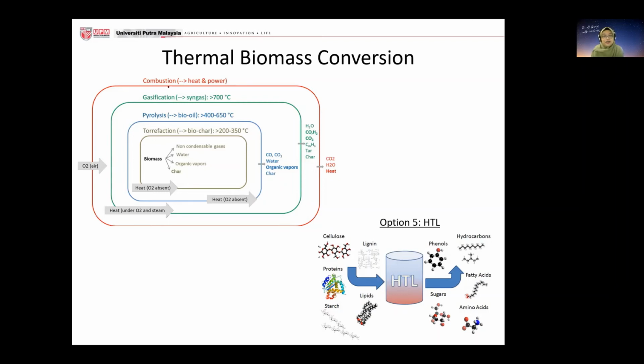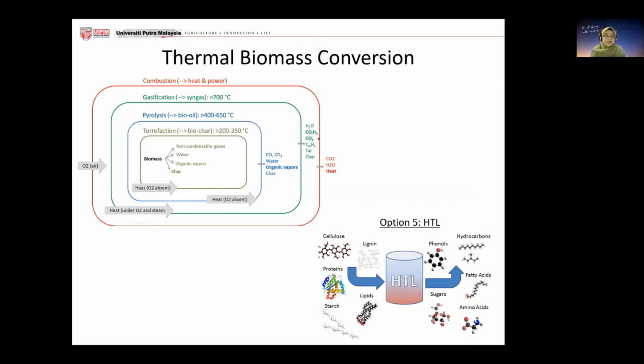So you have complete combustion, which requires the most heat, where you will be able to get heat and power and water and CO2.